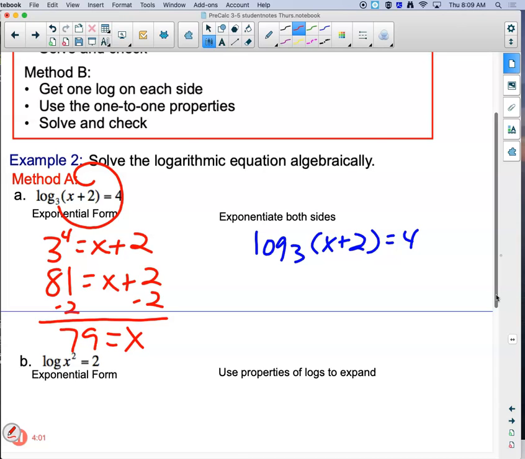And exponentiating both sides means we have to raise both sides to the same power, which would be this time the opposite of what we would normally think of, and that's giving it a base of 3. And that's because here, 3 to the logarithm base 3, those are inverses of each other, and that's just going to cancel out. So this will become x plus 2 equals 3 to the 4th.